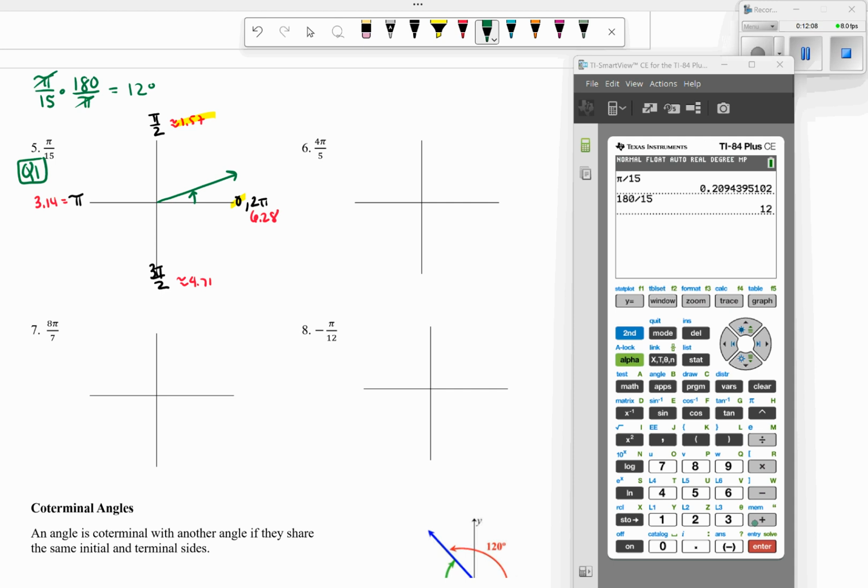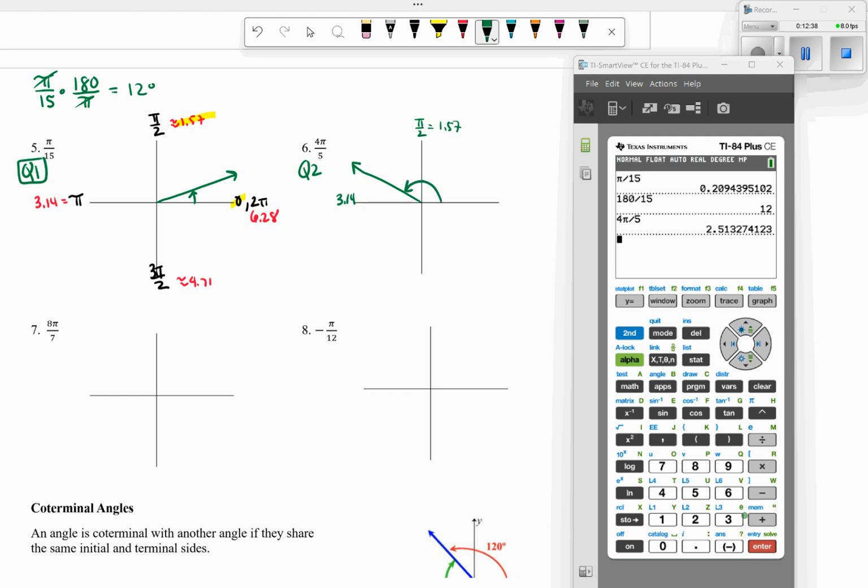So looking at the next one, if we take the decimal, 4 pi divided by 5 is equal to 2.51. So we know, again, halfway around is pi, or 3.14, and this is half of that, pi over 2, which is 1.57. So we know 2.51 would have to be in quadrant 2, and it's going to probably be a little bit closer to here.